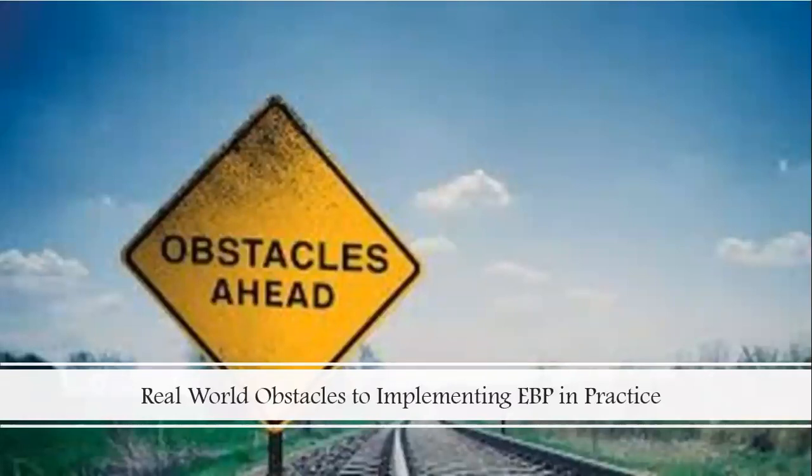Finally, I want to end by talking about real world obstacles to implementing EBP in practice. We've talked about all 6 steps in the EBP process, and I want to end this discussion by talking about some of the real world barriers and obstacles to implementing EBP in practice, because we know that it's important to do this.